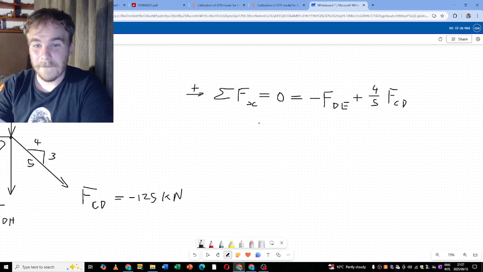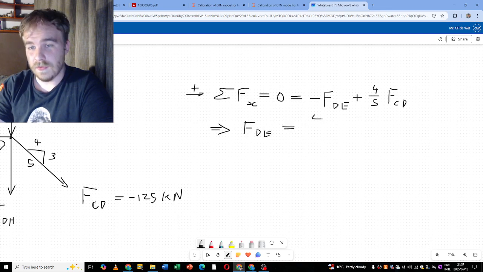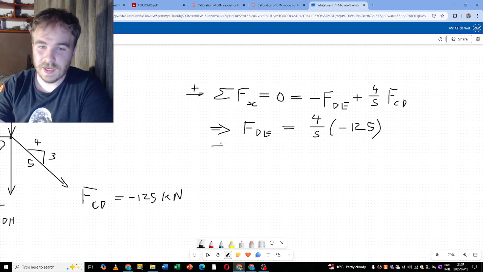It should be correct. Okay. We rearrange this to get FDE on the other side, and it's going to be equal to 4/5, so this one stays on this side, times negative 125. Ooh, I can already feel it is correct.